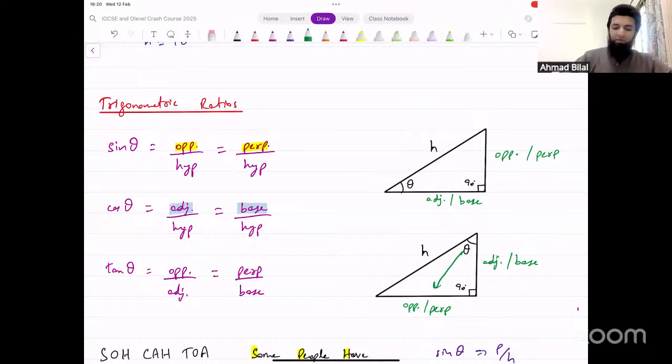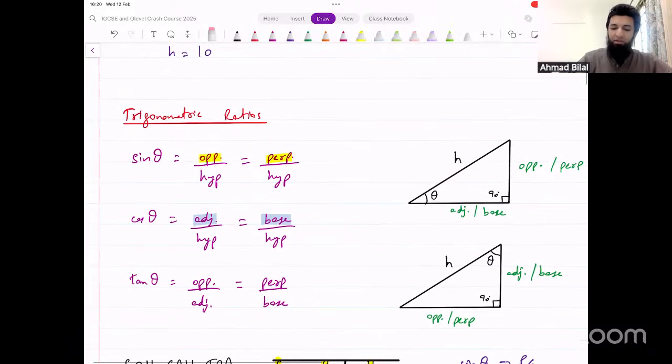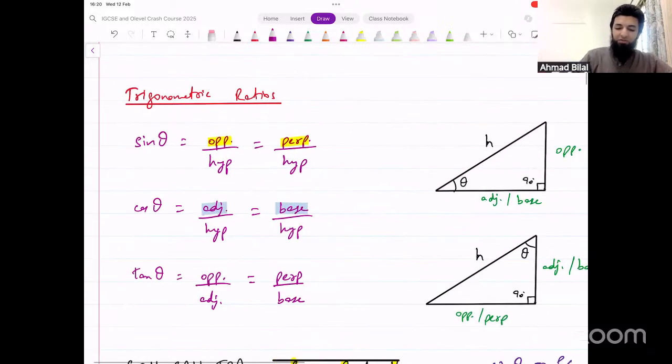perpendicular will be the side that is opposite to it, right? And then once we have defined base and perpendicular, then the hypotenuse is always the side that is opposite to 90 degrees. That's always going to be the case. Then we have three ratios defined: sine, cos, and tan, like this. Sine is perpendicular over hypotenuse, cos is base over hypotenuse, and tan is perpendicular over base.